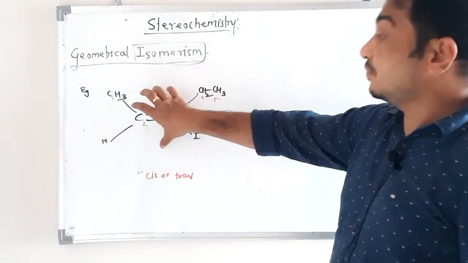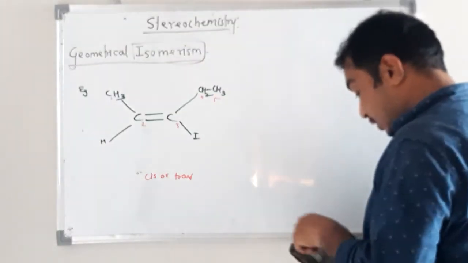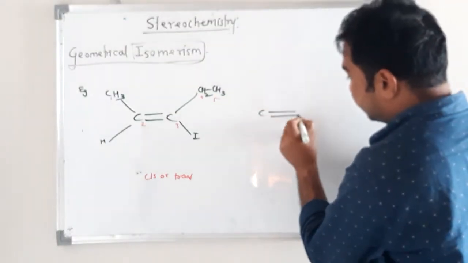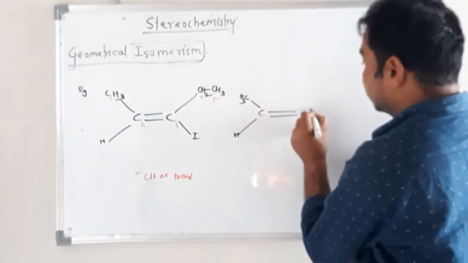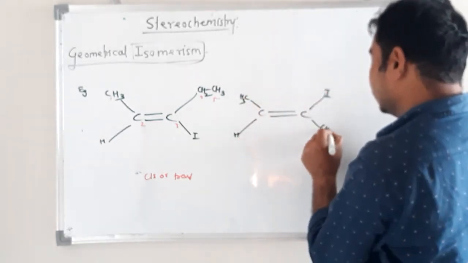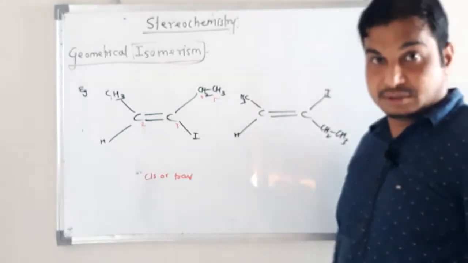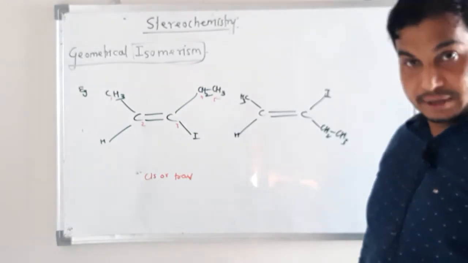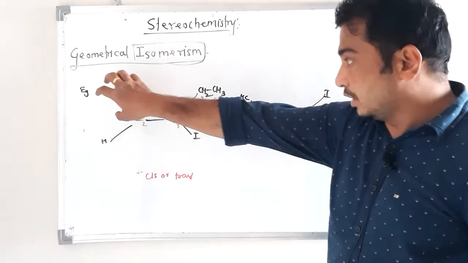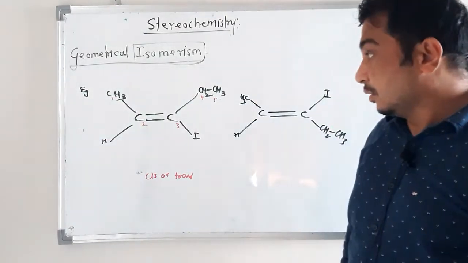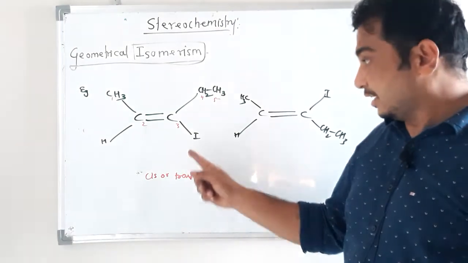So to identify these two compounds, suppose another, I will write another form. Among these two, which is cis and which is trans, it is very difficult to identify, because carbon number 2 has two substituents, methyl group and hydrogen, but these two substituents are not present on carbon number 3, which is the other carbon atom of the double bond.